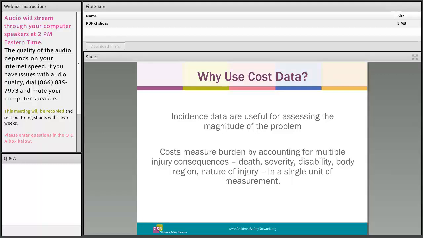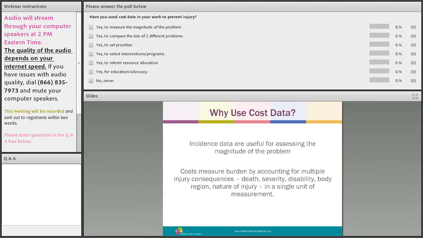Great, thanks Jennifer. Welcome everybody. Rebecca, do you have the results from the poll we put together in the waiting room? I was wondering if y'all could take a look at the poll, just quickly answer how you've used cost data in your work to prevent injury.